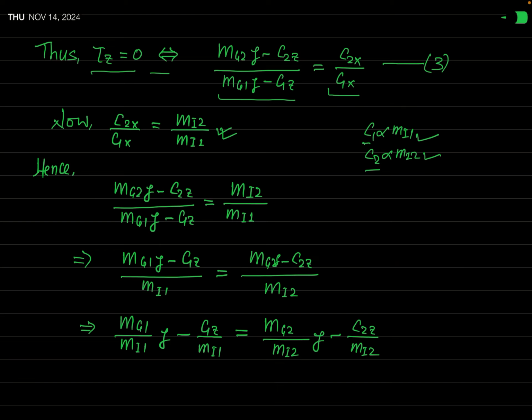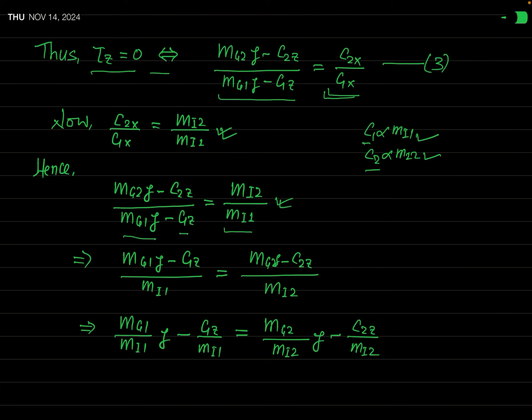Okay. So in this equation 3, instead of C2x over C1x, now you can write mi2 over mi1. So our result is mg2 times (small g minus c2z) over mg1 times (small g minus c1z), and that is equal to mi2 over mi1.